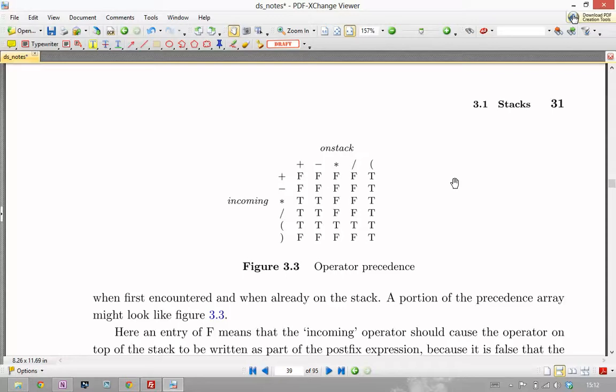But that's a special case that you just have to check for. Some people, in fact, Gashard's notes actually suggest that you introduce a super low precedence operator, like a virtual operator, and he uses the $ sign, and you just push that onto the stack to start out with. I'm not sure how much I think that's worth it, because it's easy enough to check whether a stack is empty, right?